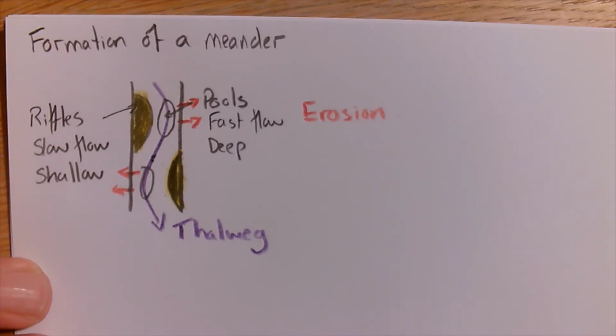That's right, where the pools are close to the river bank. And why is erosion happening there? Because the thalweg comes into contact with it, and the higher energy is able to erode that bank. So where do we get deposition occurring? Excellent, where there are riffles and a slow flow.